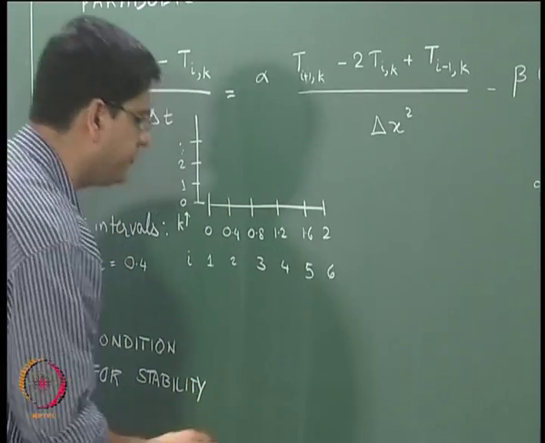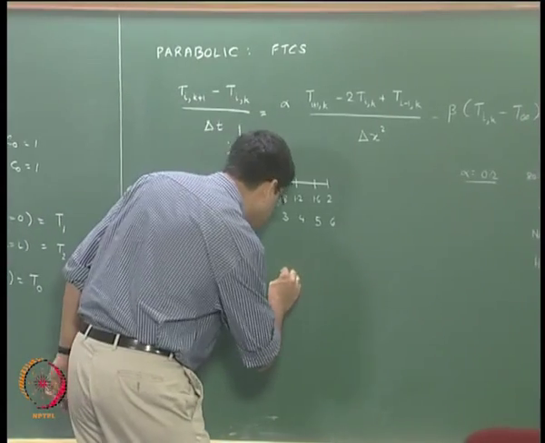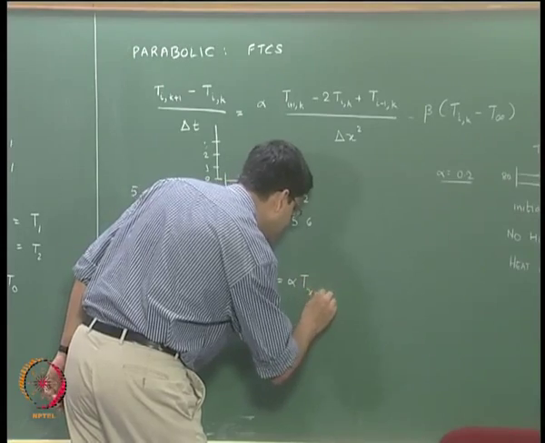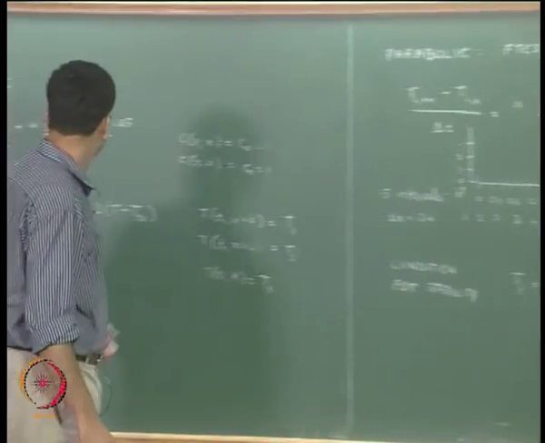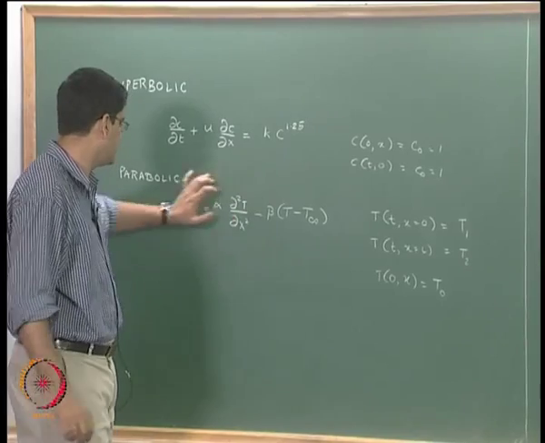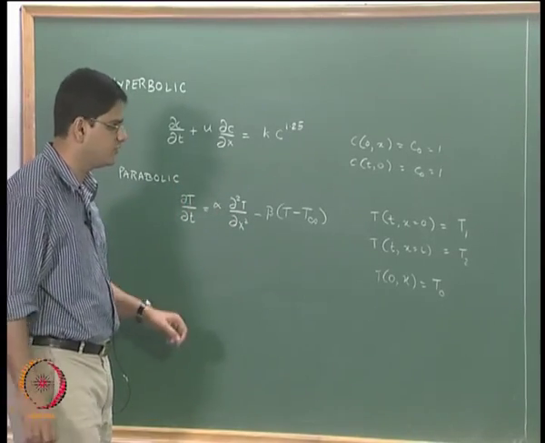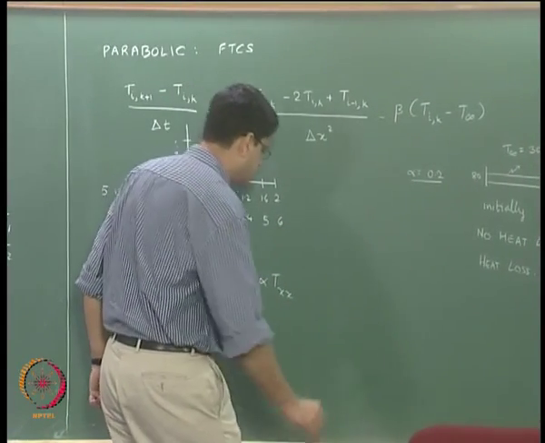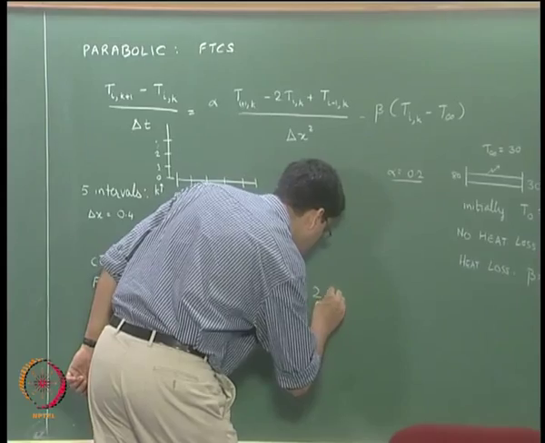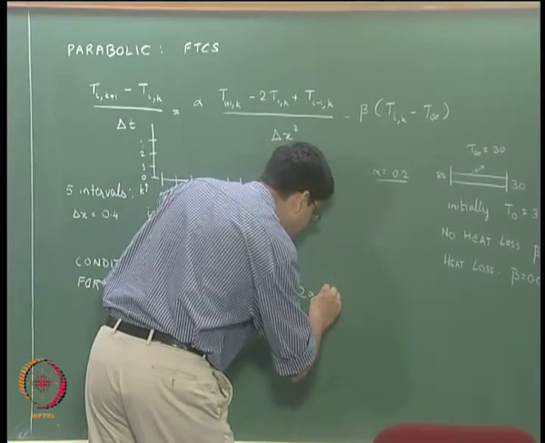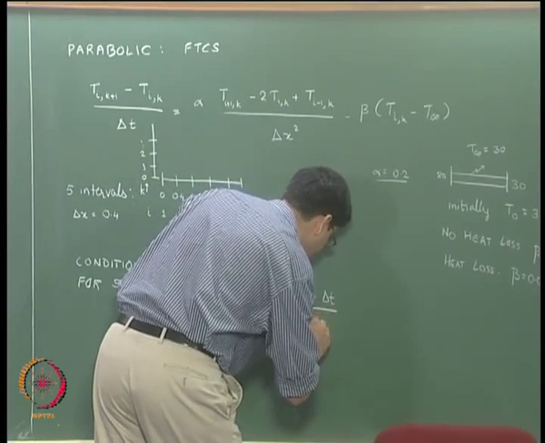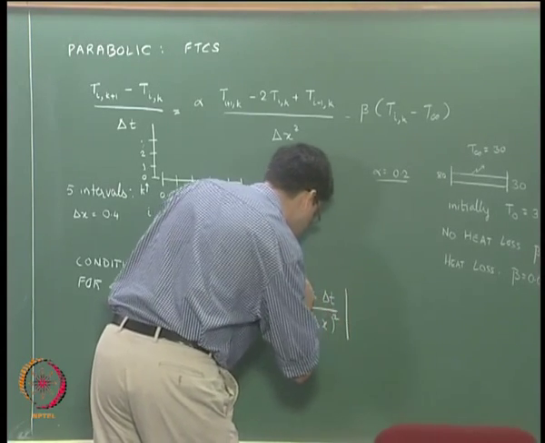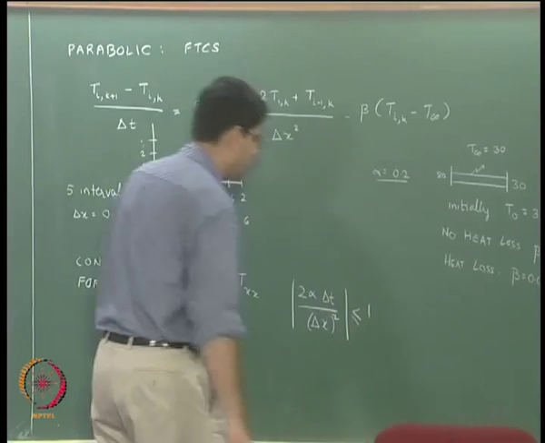okay. So, if we have the original equation as Tt equal to alpha Txx, and we look at just the homogeneous part of this equation, the condition for stability is going to be 2 alpha multiplied by delta t divided by delta x squared should be less than or equal to 1.